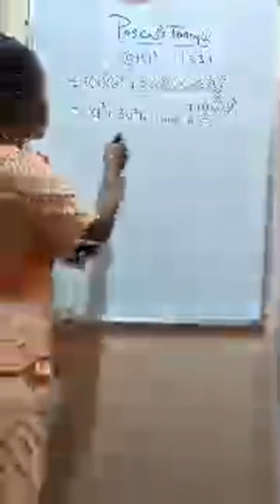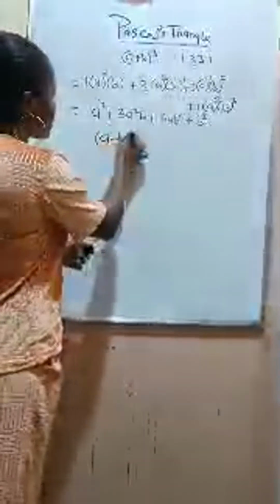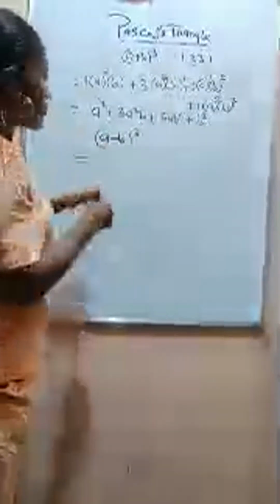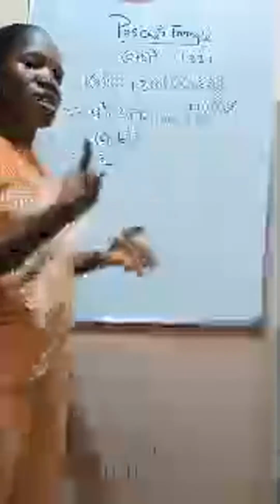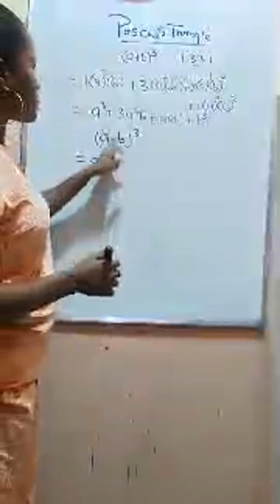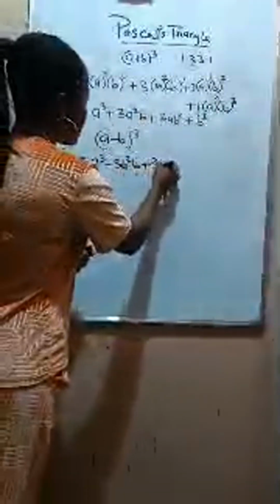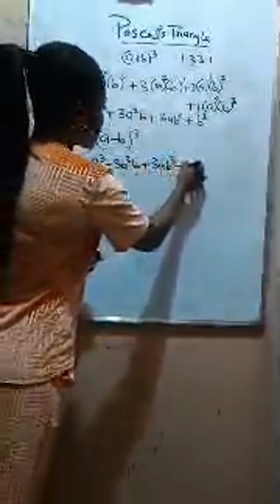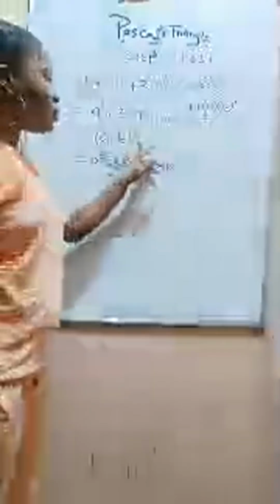So if we have (A minus B) raised to the power of 3, this is going to be A to the power of 3. You start with minus, then you interchange the signs. Now you have minus 3A squared B, then plus 3AB squared, then minus B to the power of 3. Always start with minus, no matter the power.